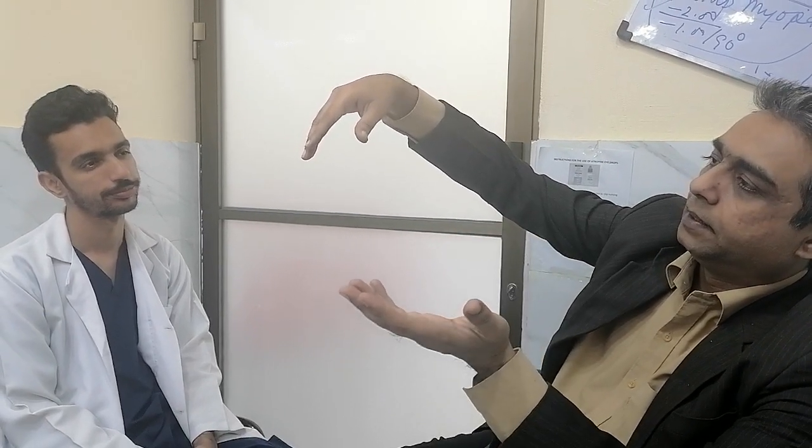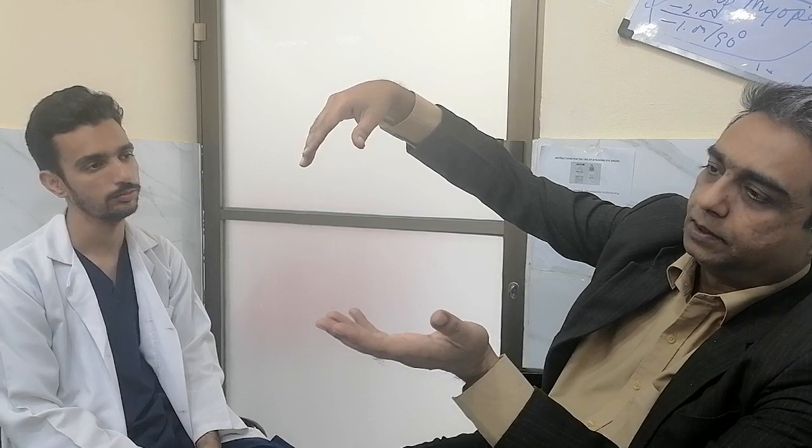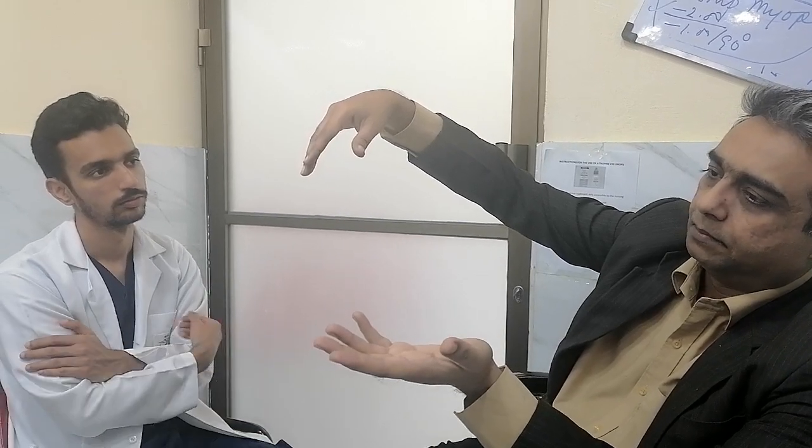But if the patient has good levator function, then our first choice of surgery is usually to resect the levator muscle. For example, if this is the eyelid, and it has become ptotic like this, we have measured that it is 4 millimeter ptosis, which is moderately severe.